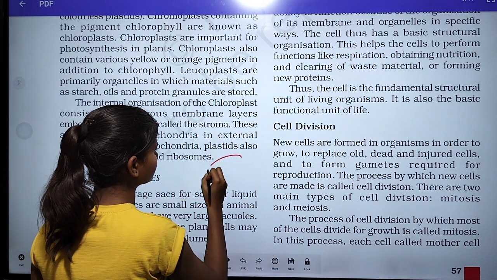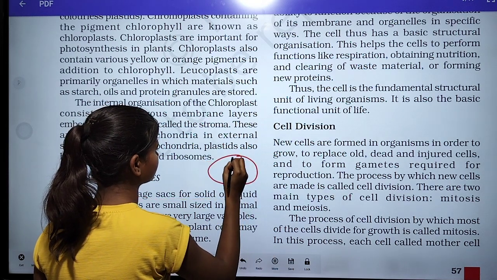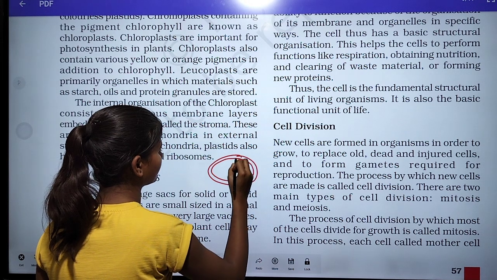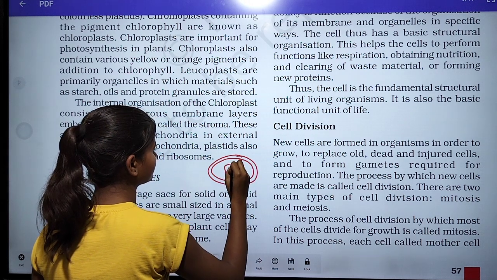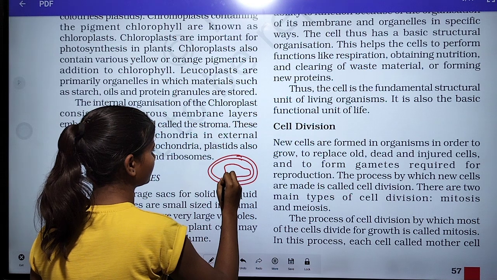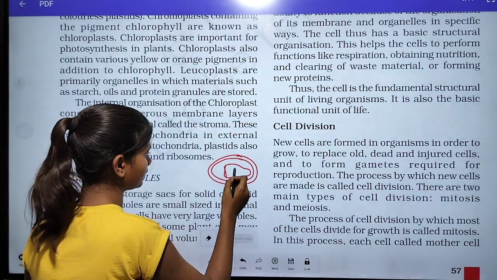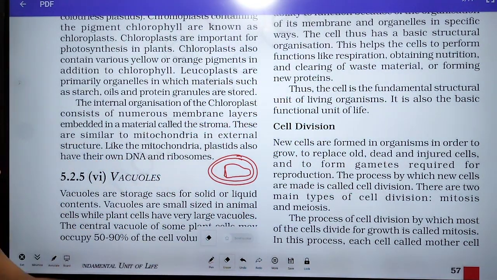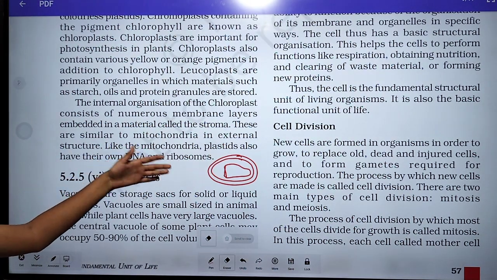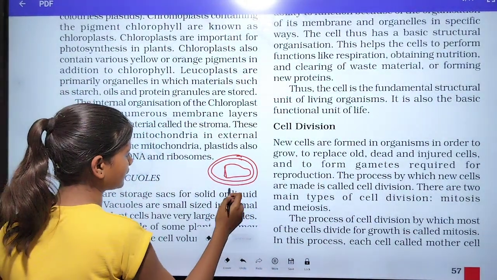suppose that this one is plant cell. It is present in large size, very large size. Here you can see the large size.